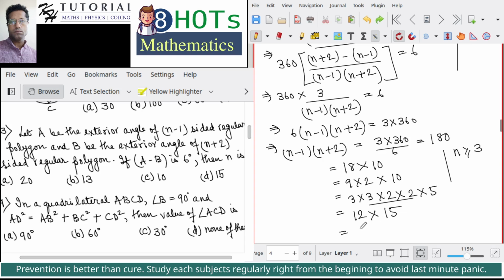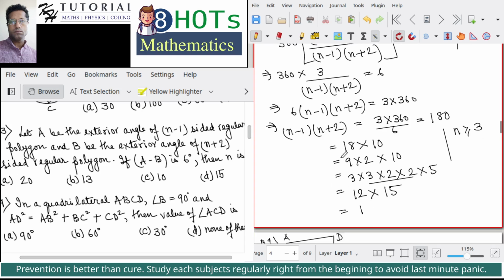So this is 12 into 15, and we clearly see that 15 is 3 more than 12.